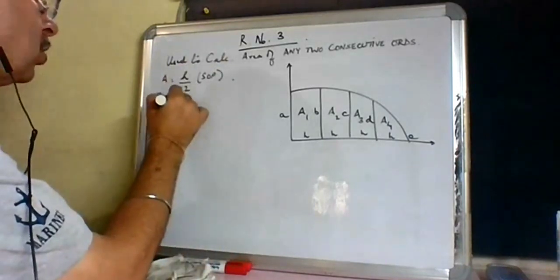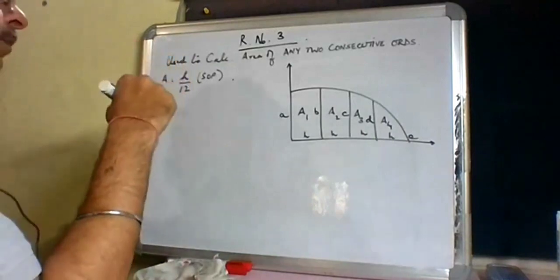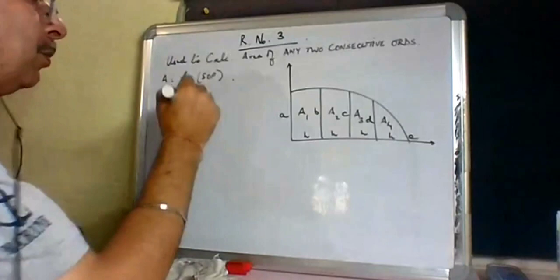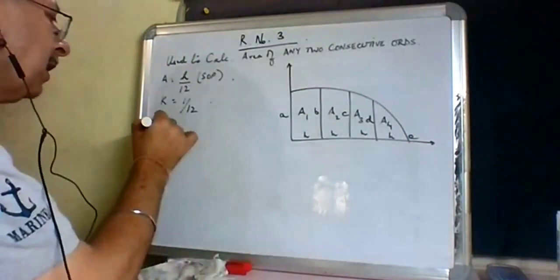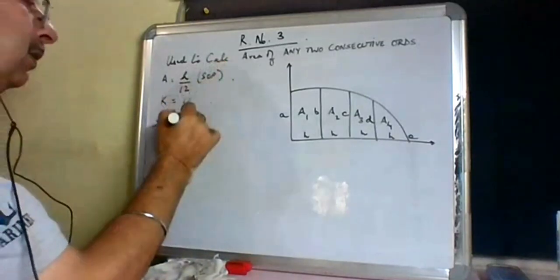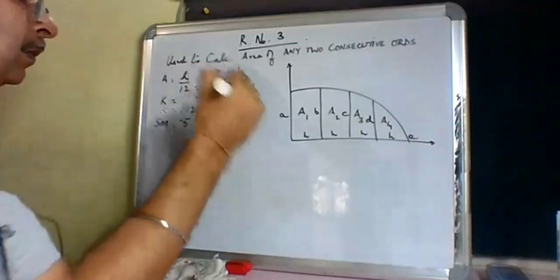So the value of K is how much? 1 by 12. The Simpson's multipliers for rule number 3 are 5, 8, and minus 1.